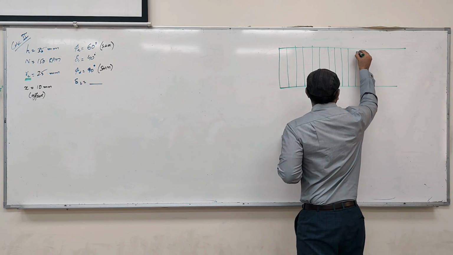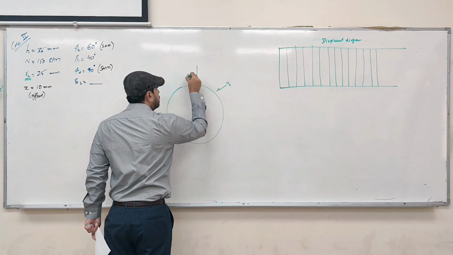So let's start with the minimum radius. What is the minimum radius this time? 25. We'll draw this circle with 25. This is Rc. This is the location of our follower.